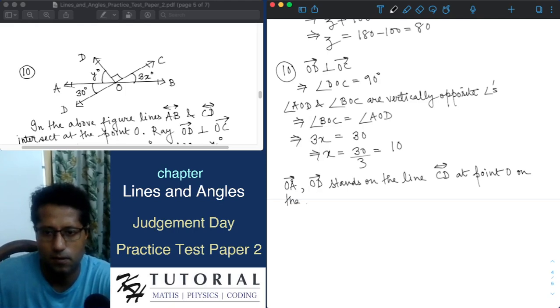This is important, on the same side of line CD.